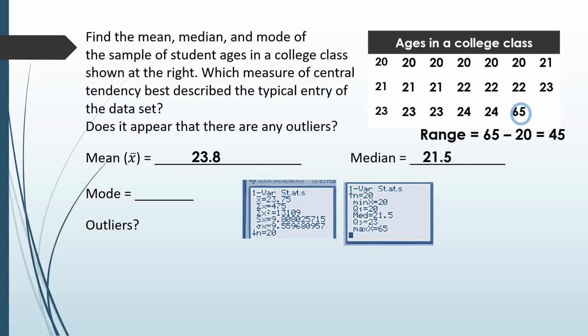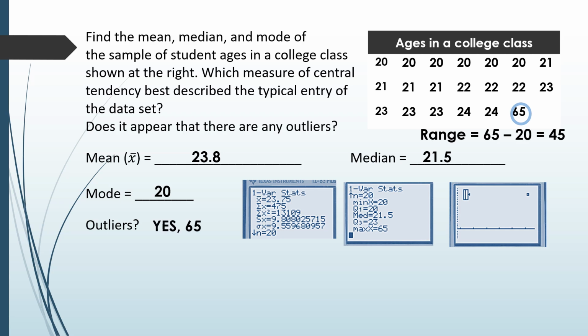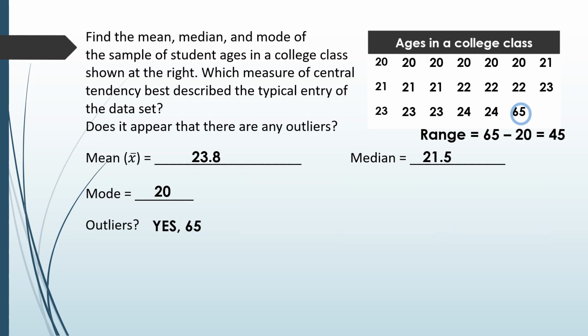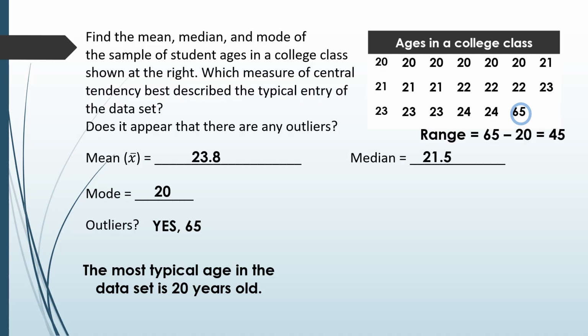You can sort your data, or it's actually in order in that table. 20 appears more than any other data value, so that's our mode. Any outliers? Well, if we do a box plot on our graphing calculator, that 65 is definitely an outlier. So the most typical age in the data set is 20 years old.